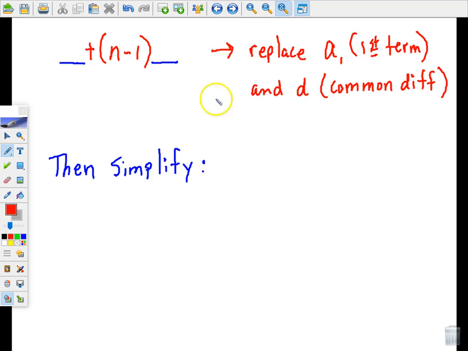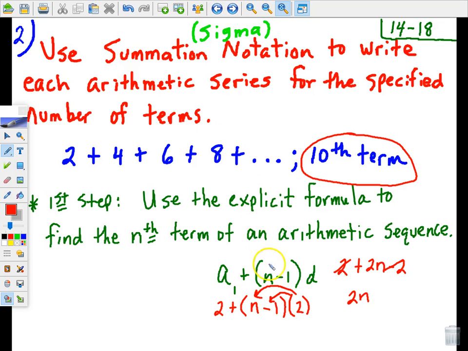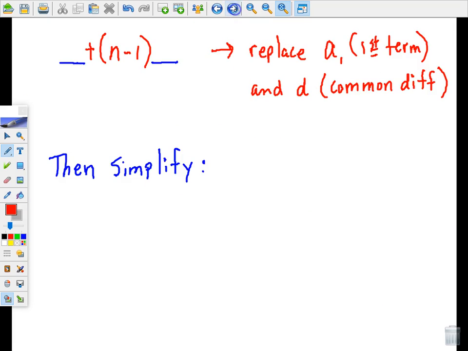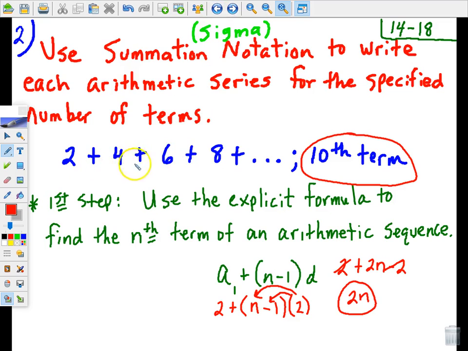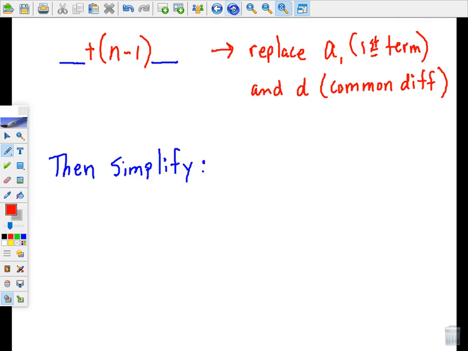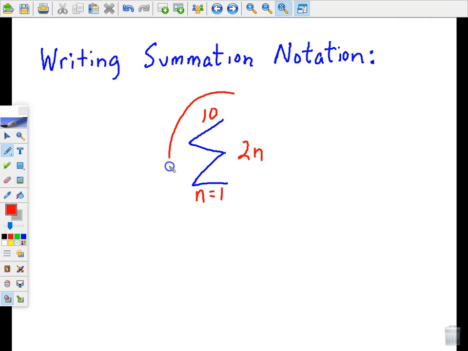And from our previous slide, which I'm going to skip, we found 2n as the expression to the right of sigma, and so that would be the final answer. If this were a homework problem, write summation notation for this particular series through the 10th term, then my answer to that would be here.